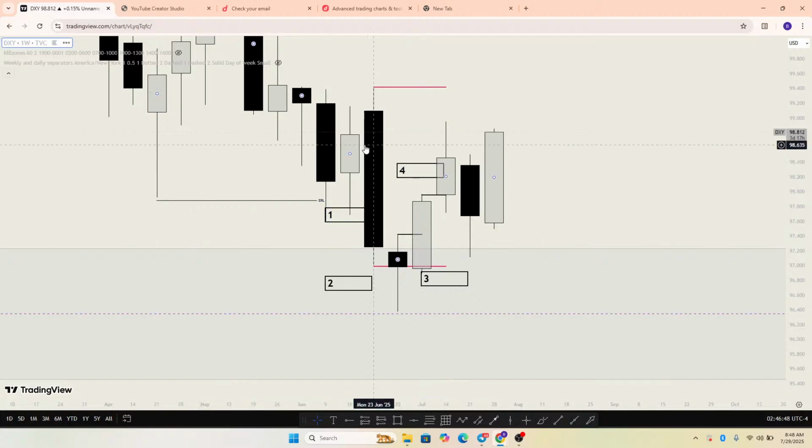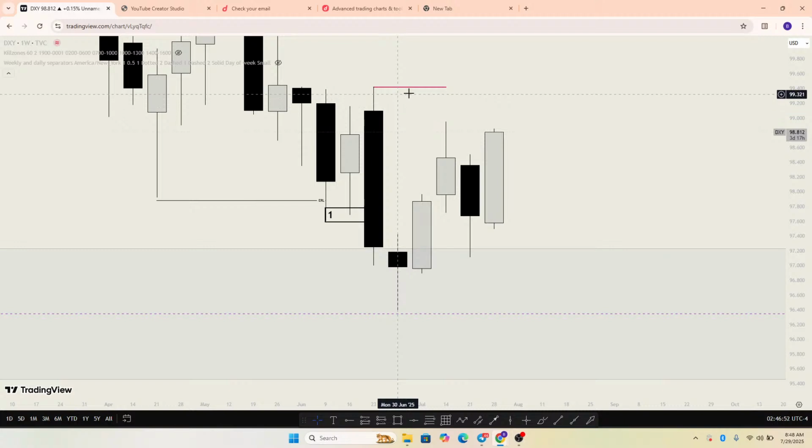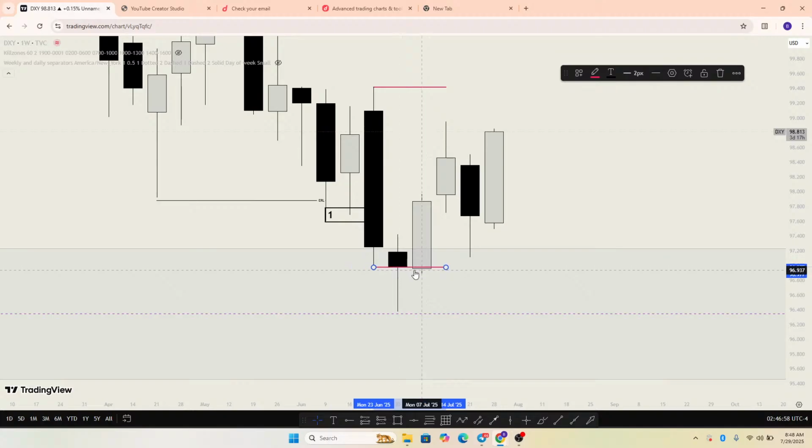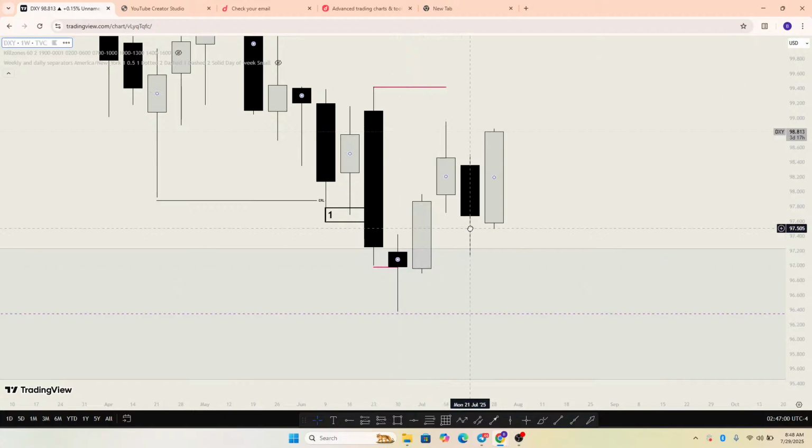If this is understood, then if you remove this, you will know that when price was coming into the fair value gap, we see the same pattern happening at the fair value gap, because we have a fair value gap here.